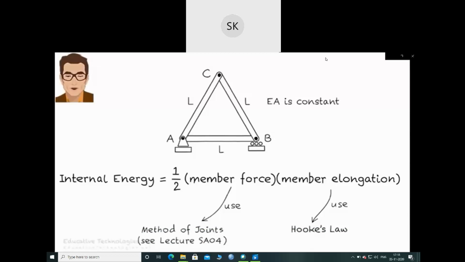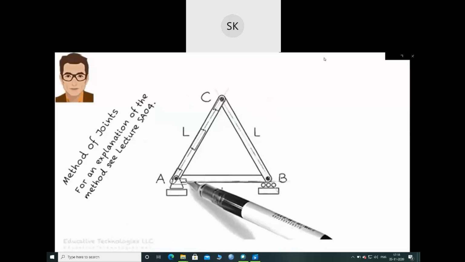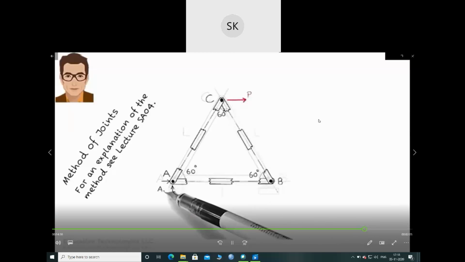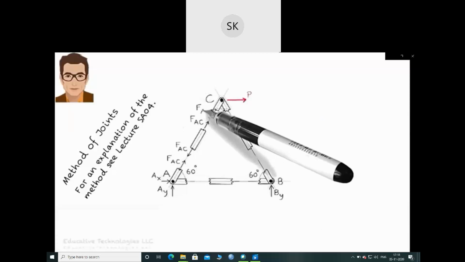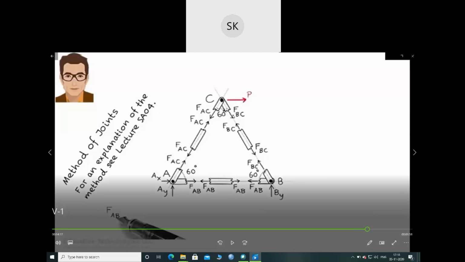Here are the member forces in terms of P. By the method of joints we have discussed in earlier classes, you can find all the forces in these members.